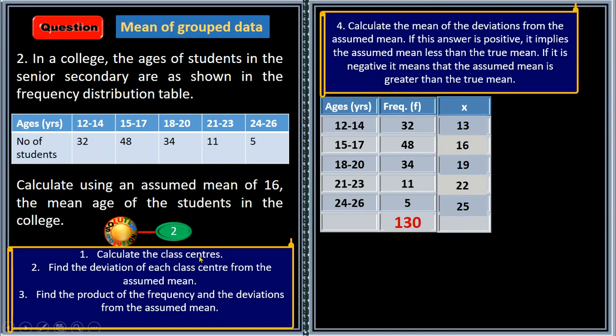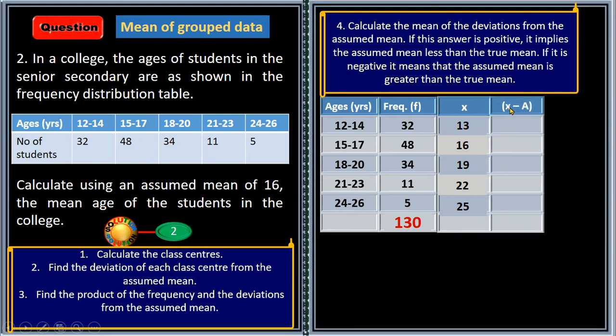Now, having obtained the class centers, step number 2, find the deviation of each class center from the assumed mean. Remember from the question, the assumed mean is 16 years. So what's the difference between each class center and this assumed mean? We need to add another column.